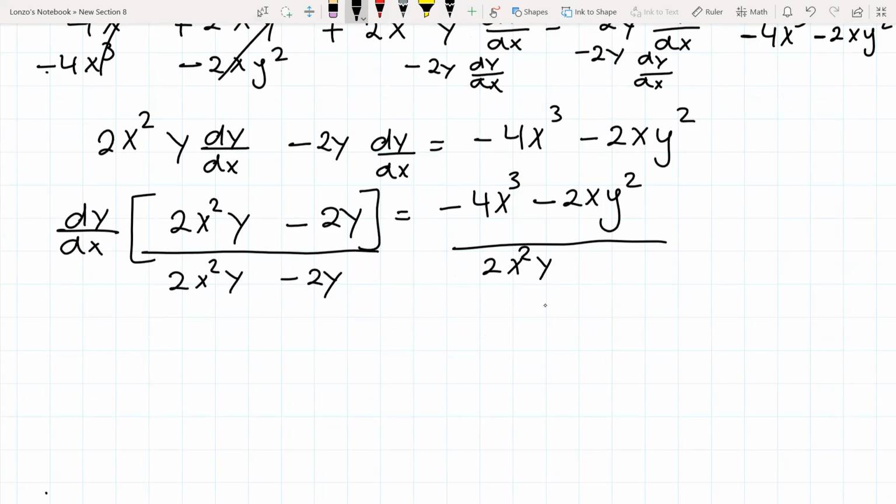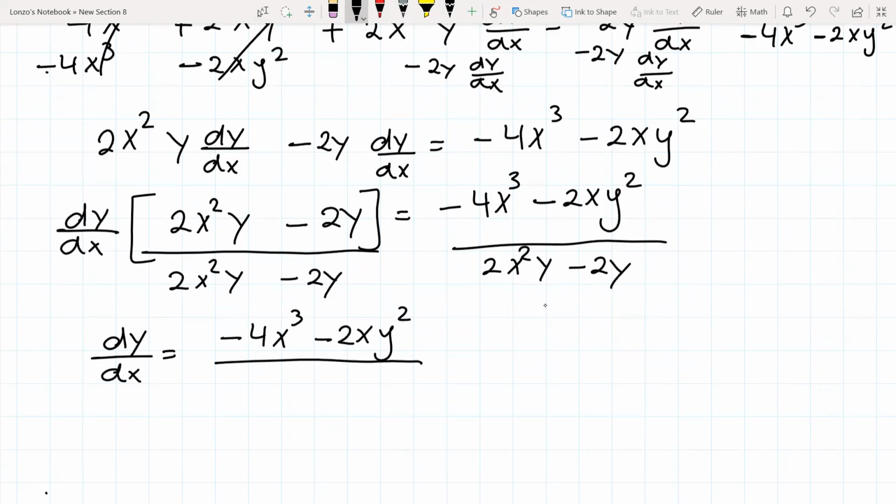You get dy/dx equals negative 4x cubed minus 2x y squared, over 2x squared y minus 2y.